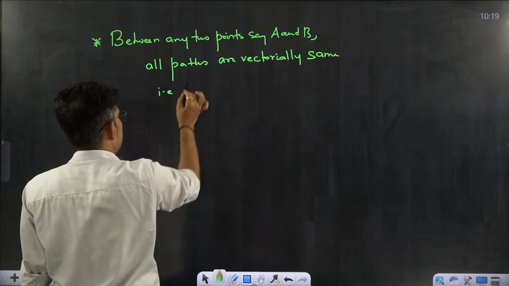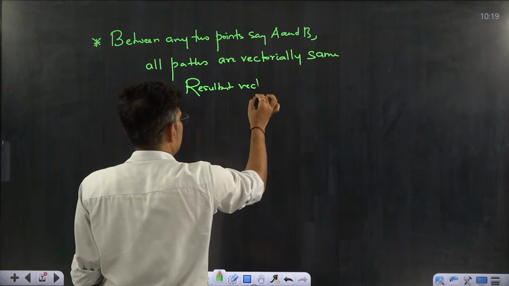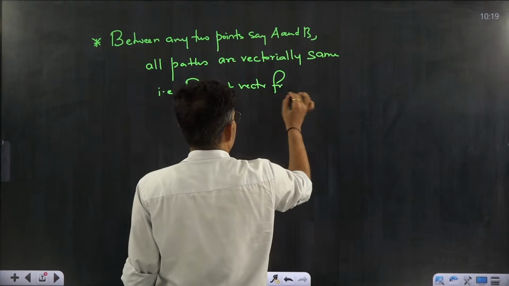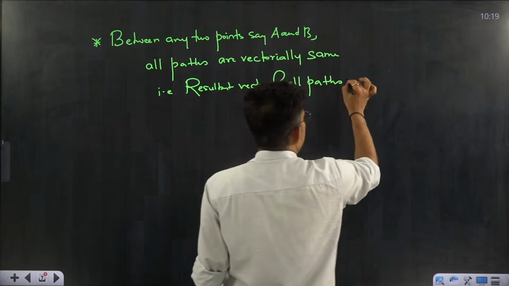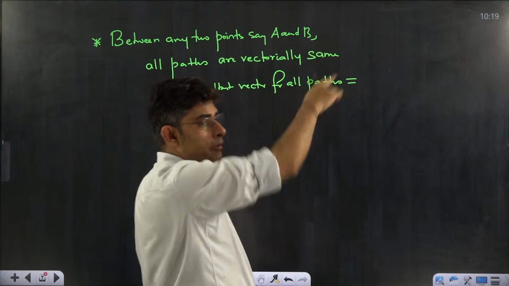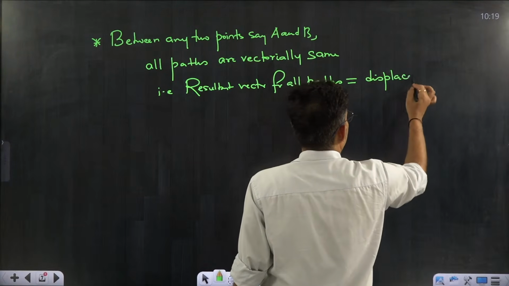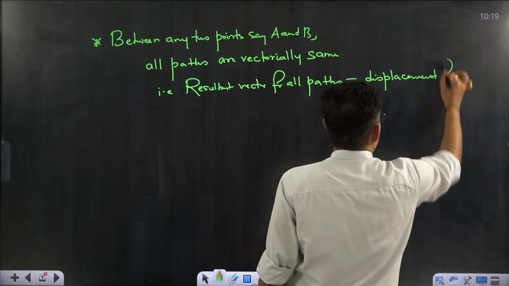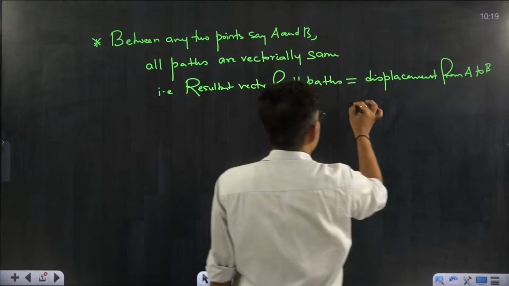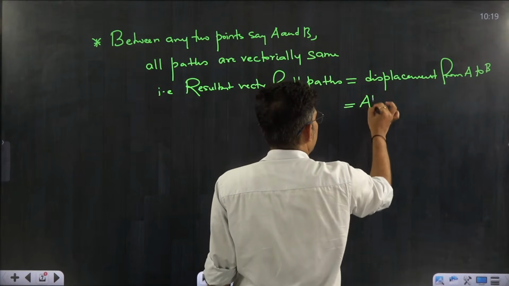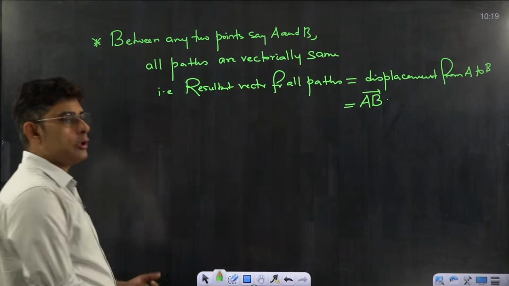That is, the resultant vector, or the vector sum, for all the paths will be equal to the displacement from A to B, which I told yesterday, if you write a vector between two points, you can call it AB vector. So this will be the resultant for all paths.